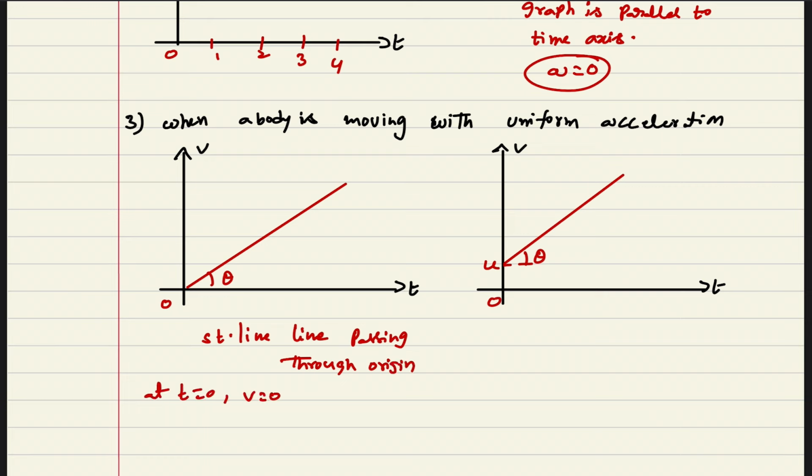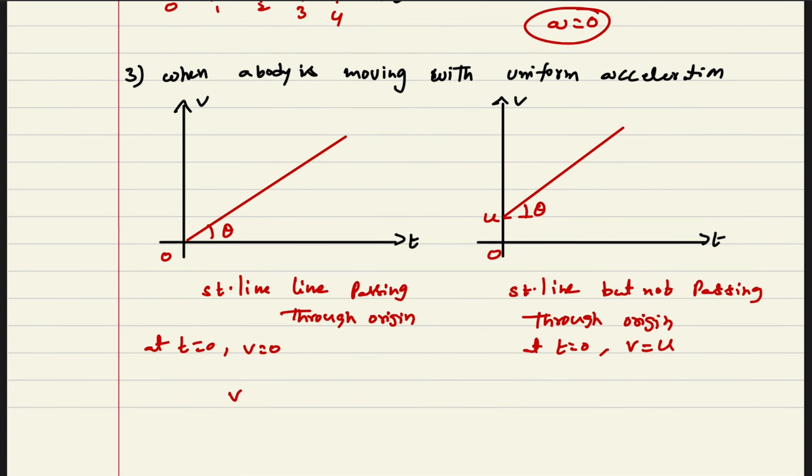Here at t is equal to 0, velocity is 0. Next graph, a straight line but not passing through the origin. At t is equal to 0, velocity is u.